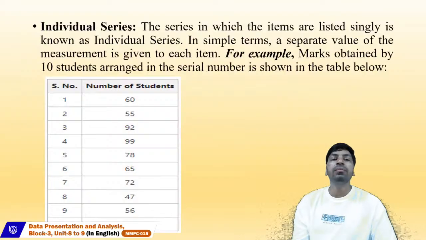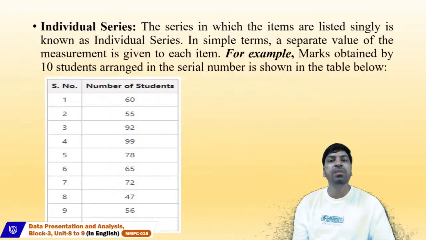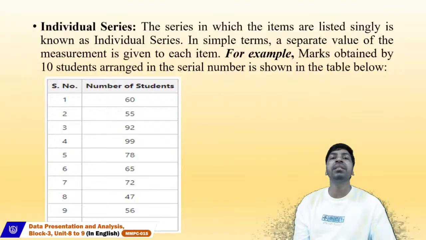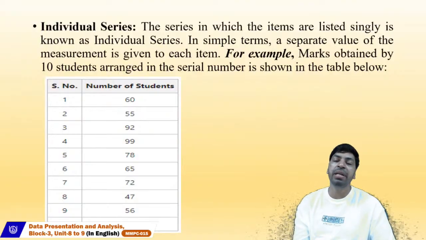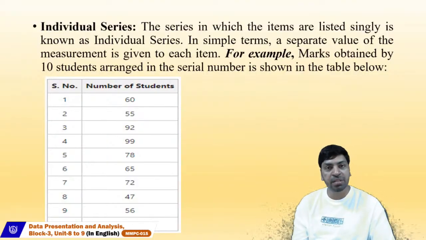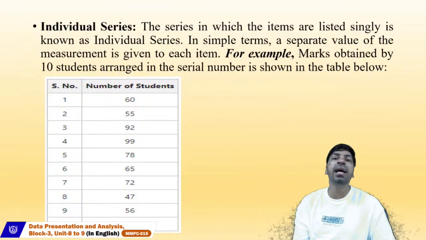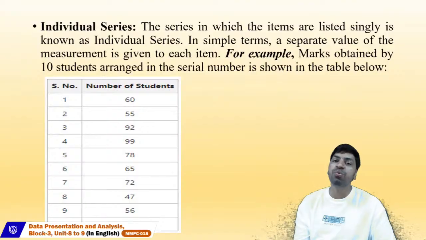Next one is individual series. The series in which the items are listed is called individual series, where the separate values are measured on each item. So let's take an example to understand this concept. The marks obtained by 10 students are arranged by serial number.